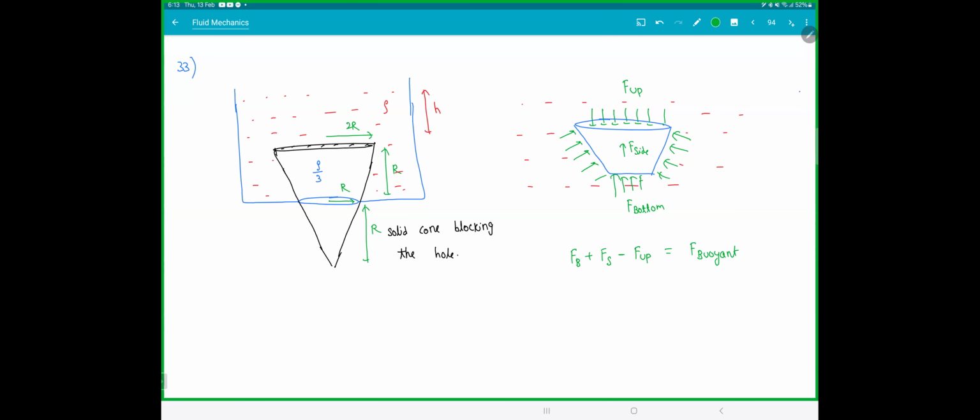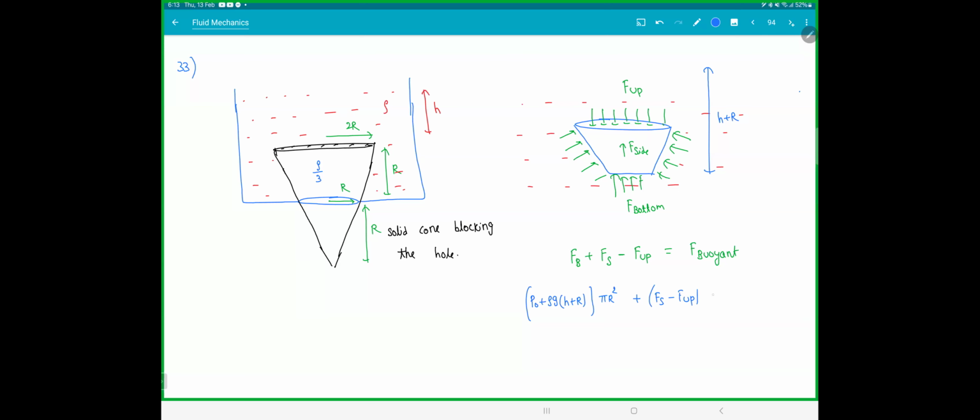Now, F bottom, I know how to calculate. How much is that? Here, for F bottom, the total depth was H plus R. So F bottom will be (P naught plus rho G (H plus R)) into that area, pi R square, plus F side walls minus F up also.